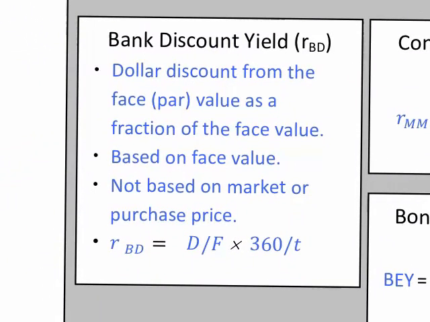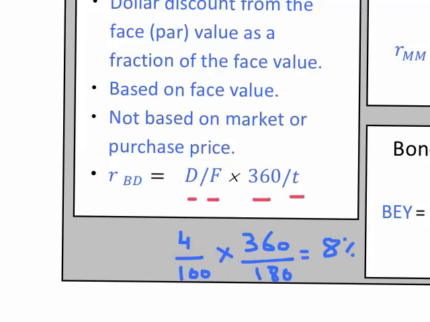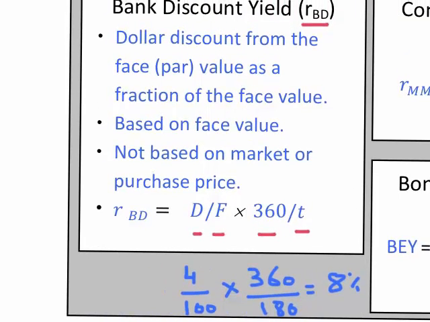Look at this. Bank discount yield, RBD. Look at the formula. Discount divided by the face value into 360 divided by time. In our case, we can easily do the calculation. Discount was $4 divided by the face value 100 into 360 divided by 180, and you get 8%. That we did by multiplying by 2.